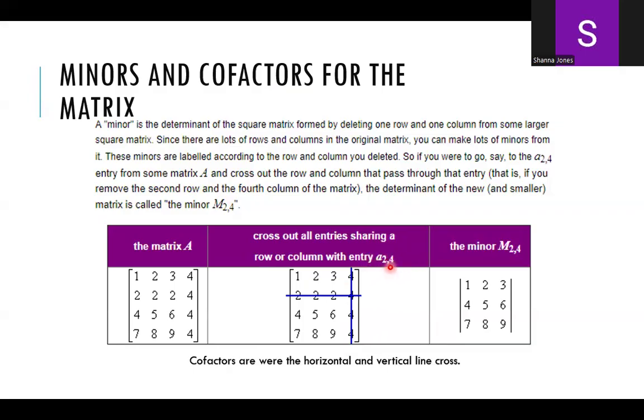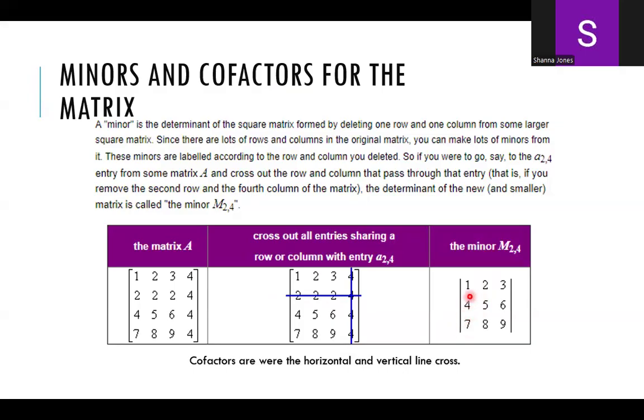What that means is it wants you to eliminate row 2, column 4. Those are the cofactors that I'm getting rid of. It's always RC: rows, then column. When I eliminate that, what I'm left with is the minor for this matrix.